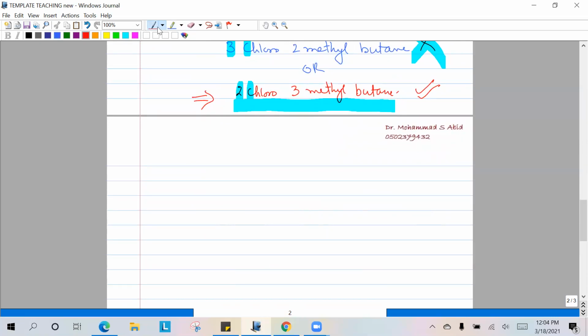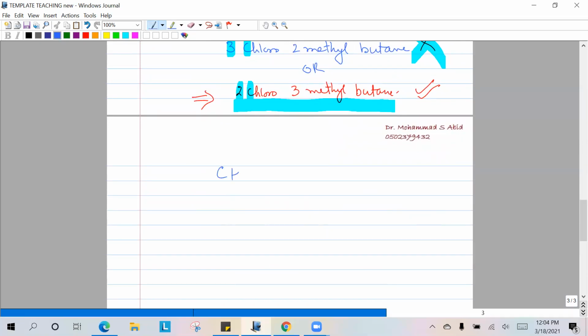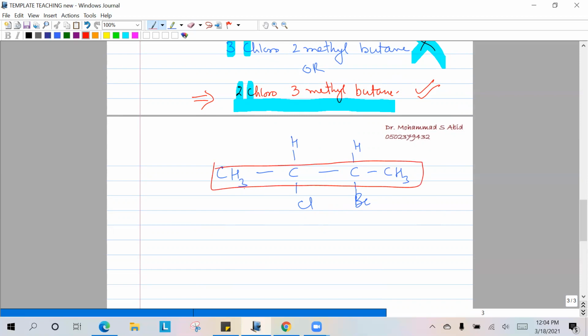For example, you could also have, let us say, CH3, CCl over here, and you have a Br over here, and then you have a CH3 like this. Now, in this case also, this is your parent chain. You can number it either way, both ways will be correct. 1, 2, 3, 4, or 1, 2, 3, 4.